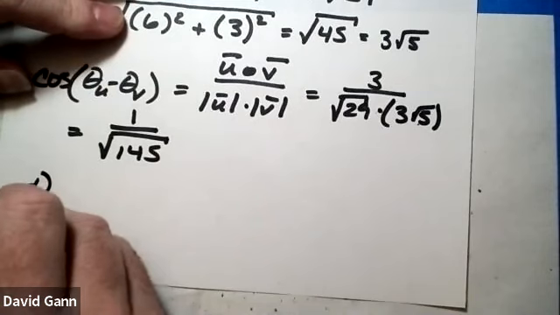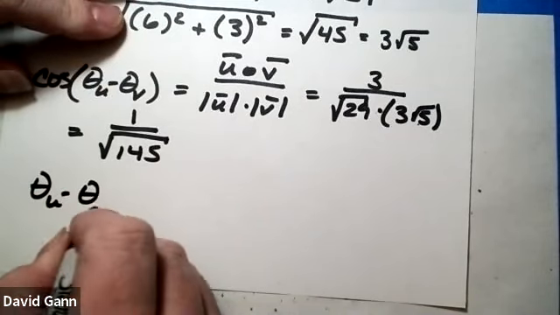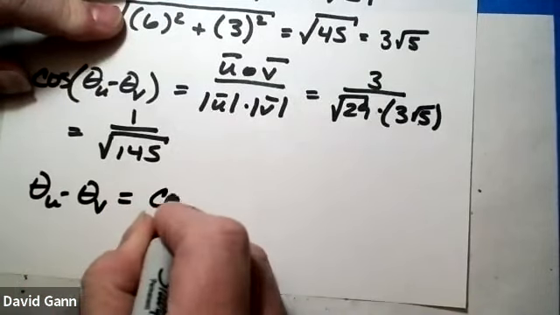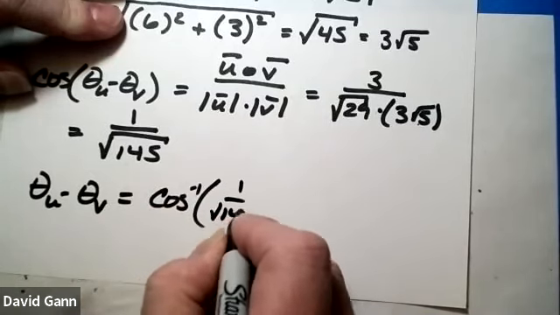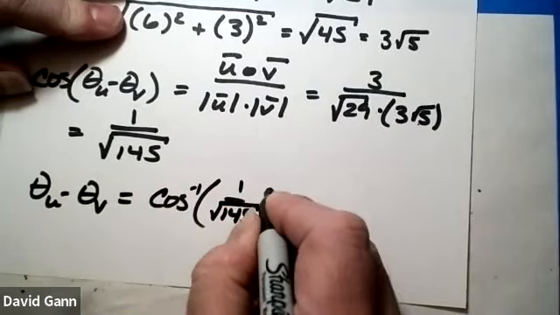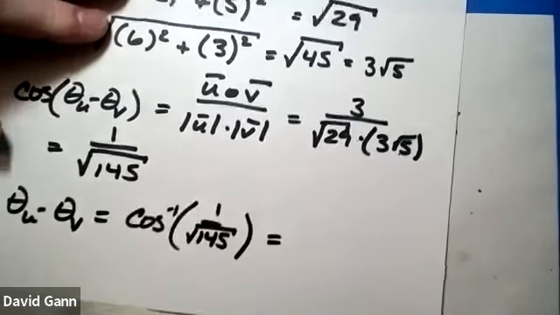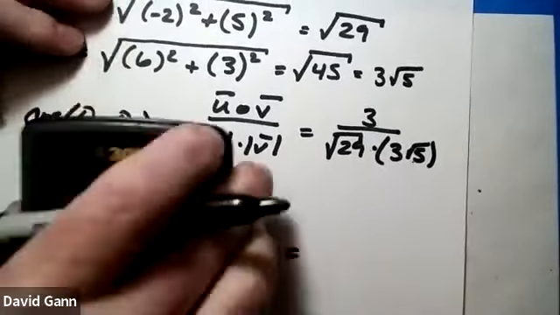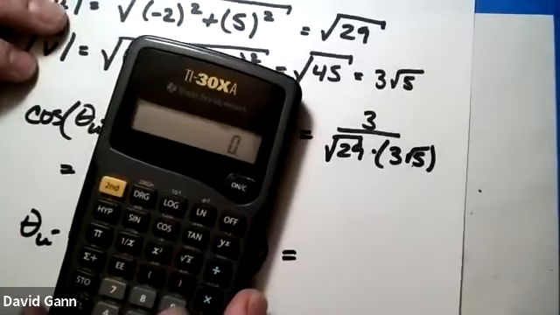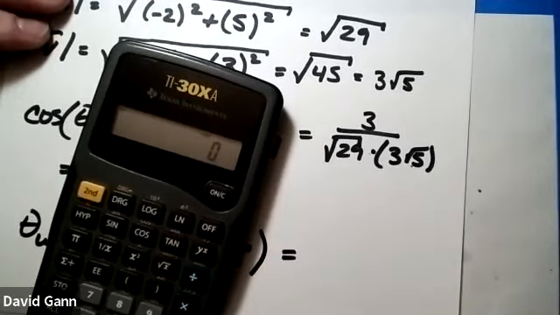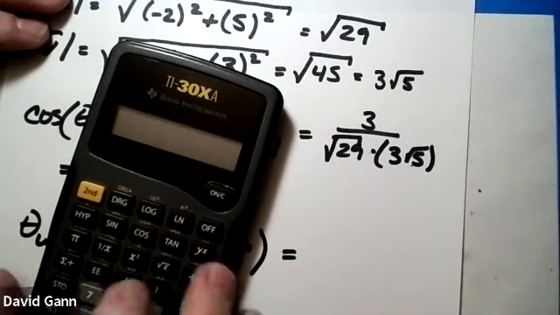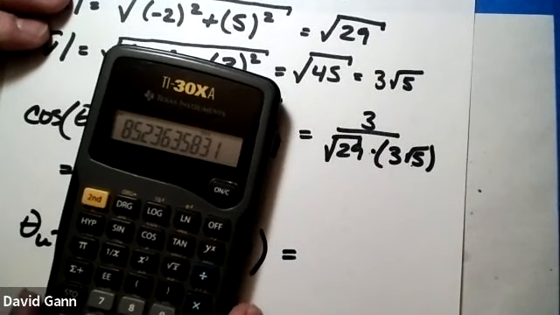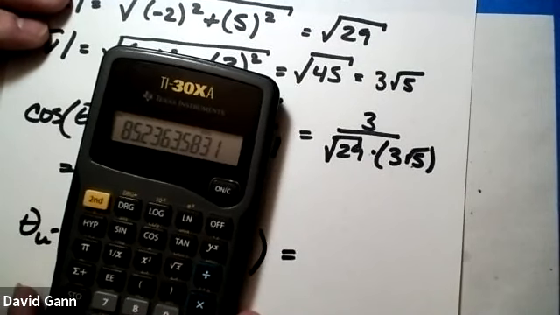So the difference in direction will simply be the inverse cosine of 1 over the square root of 145, which, if I pull out my calculator here, it's going to be pretty close to 90 degrees. I'd almost guarantee it. So 145 square root, take the reciprocal, and then take the inverse cosine. I get 85.2 degrees.